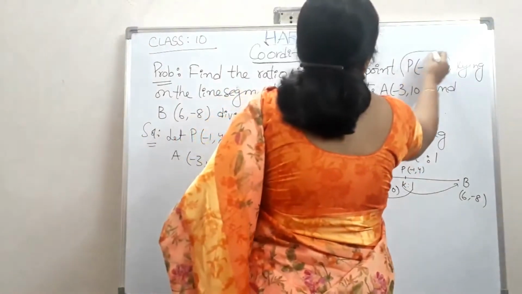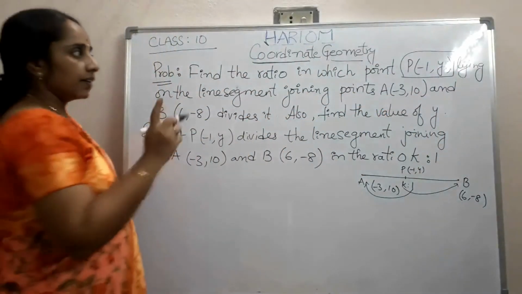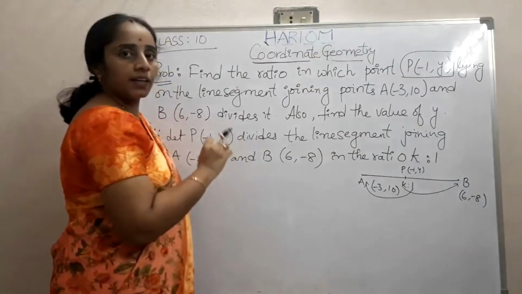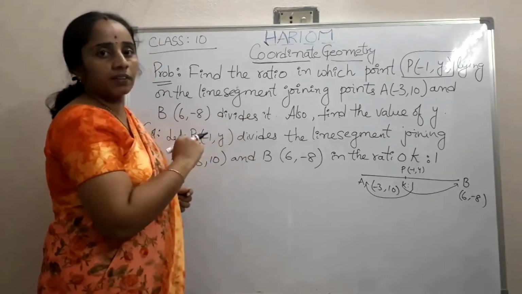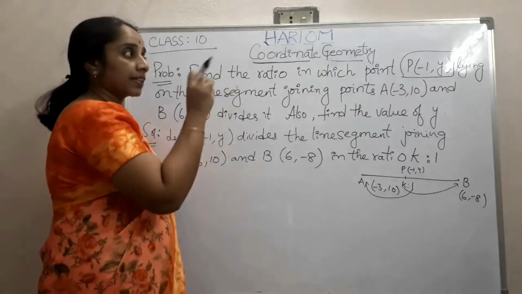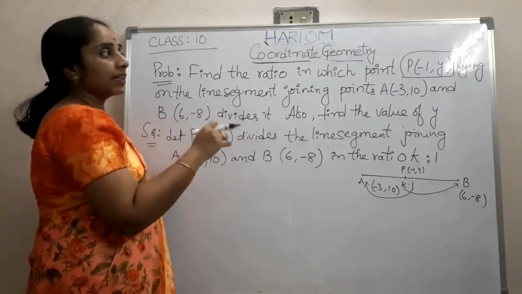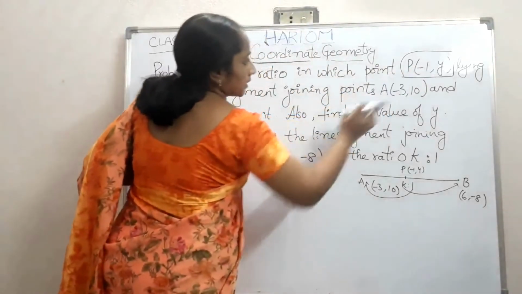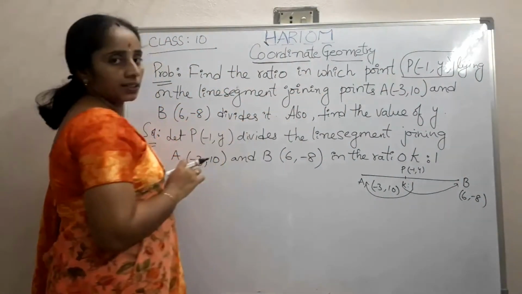Here, see the difference between the previous problem and this problem. In the previous one, they gave both the x coordinate and the y coordinate of the point dividing the line segment. But in this problem they have given only its x coordinate and asked you to find its y coordinate.